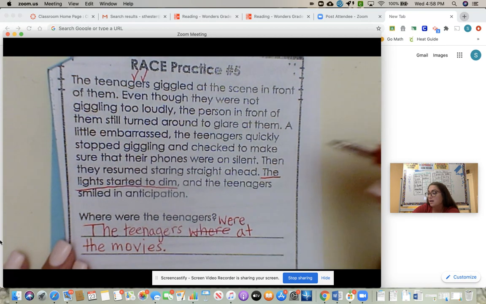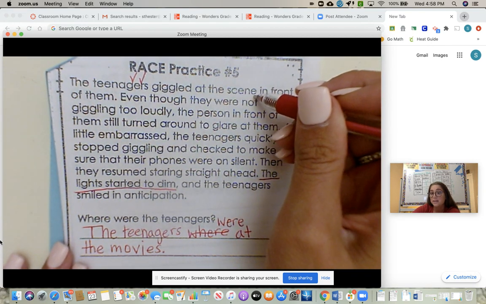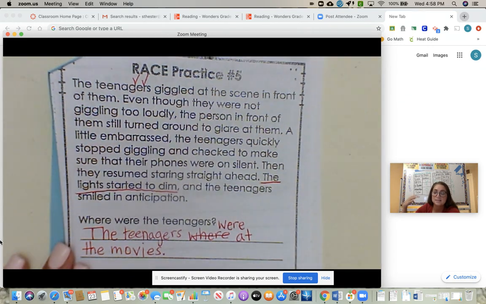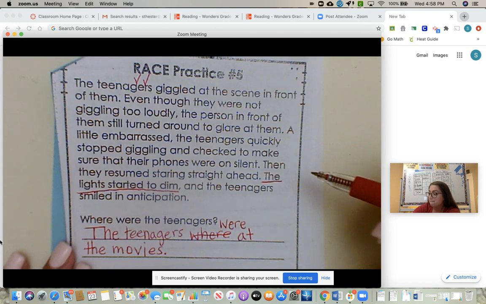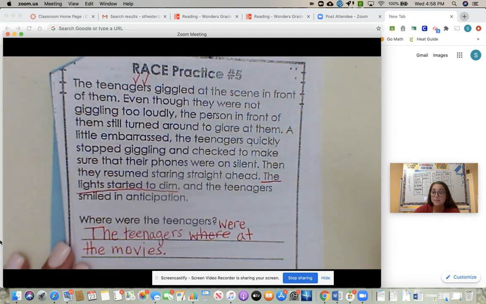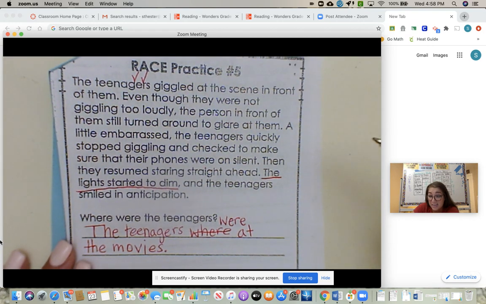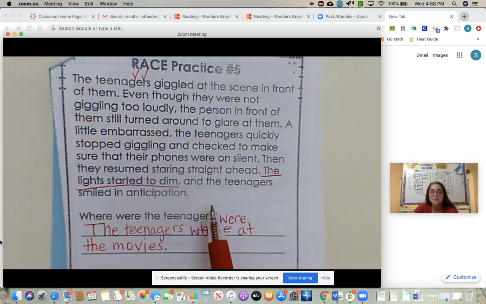We, of course, can underline, they looked at the scene in front of them. Now I'm thinking, oh, it's a scene as in from a movie. Then it makes me think, oh, okay, the person in front of them turned around, because when you're in a movie theater, if you say anything or giggle, usually people turn around and they're like, shh, be quiet.